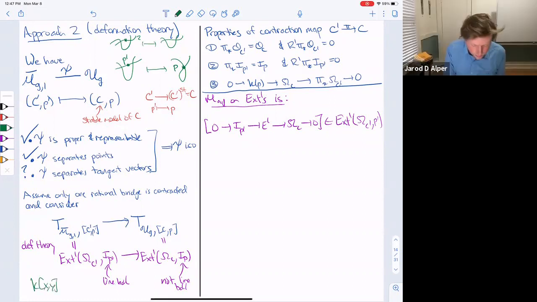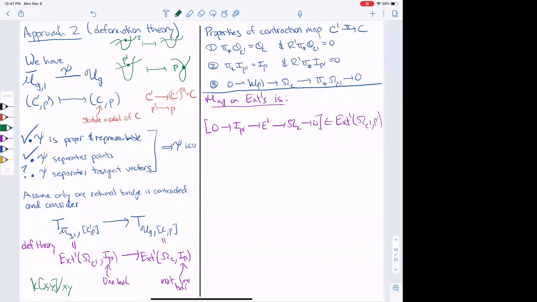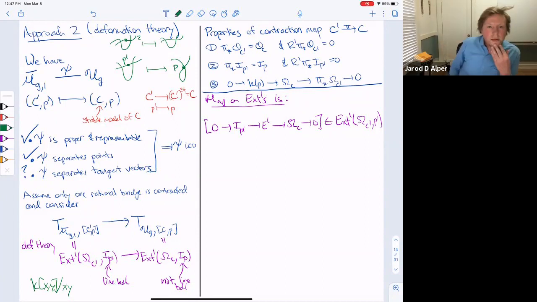Yes, it cuts out the node set theoretically, but not scheme theoretically. Does that handle it?